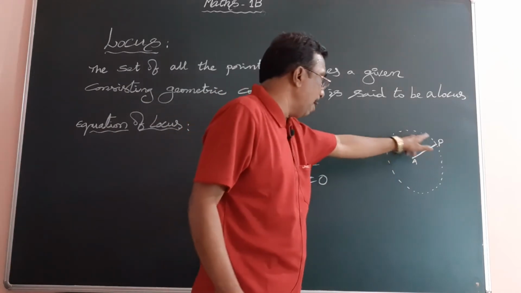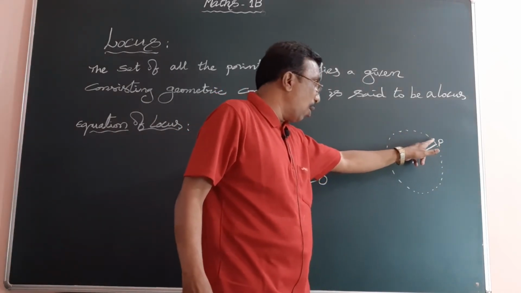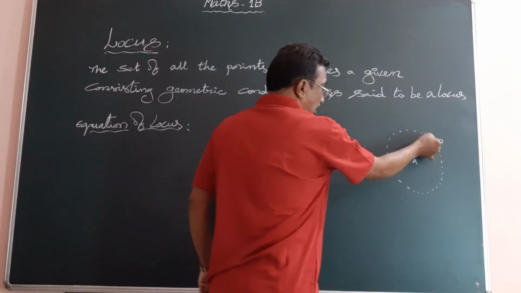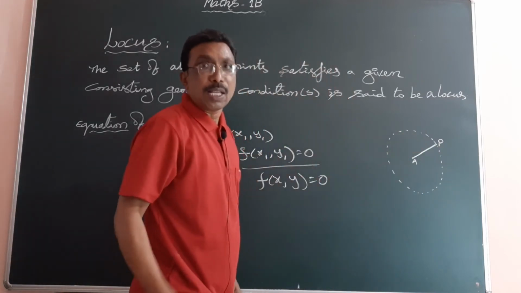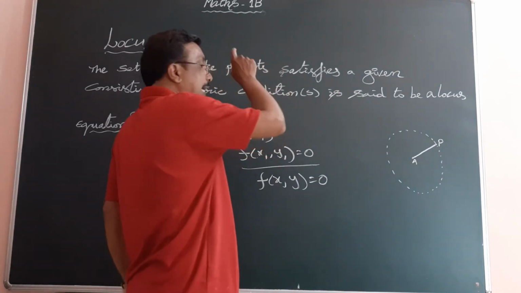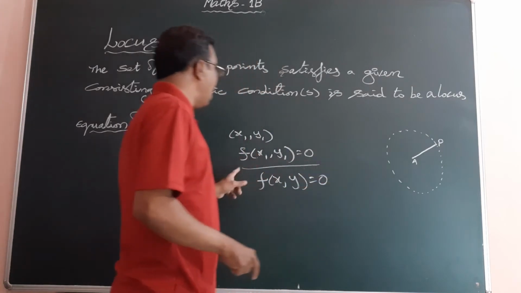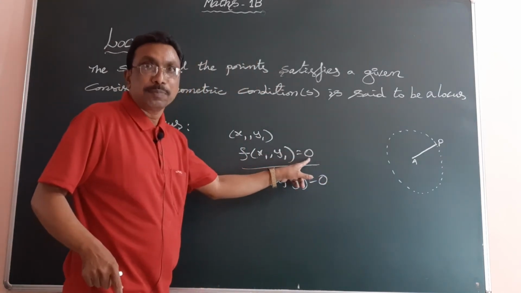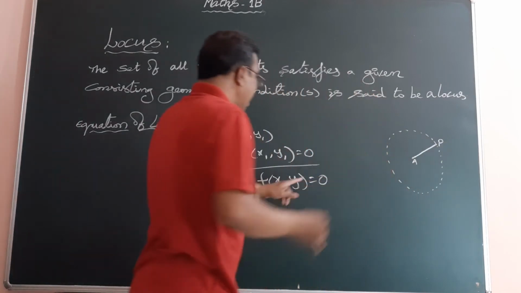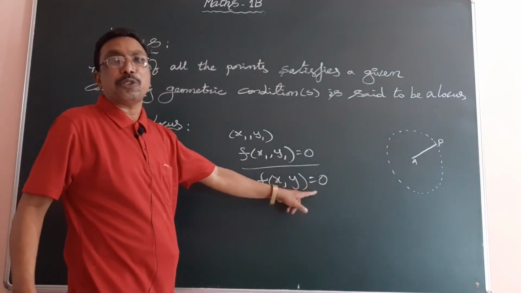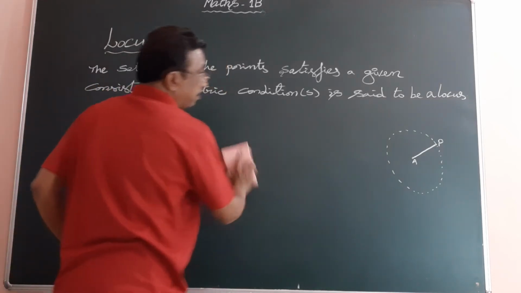Now we take any point in a locus satisfying the given condition f of x1, y1 equal to 0, then the equation of locus is f of x comma y equal to 0. Okay. Write the definition.